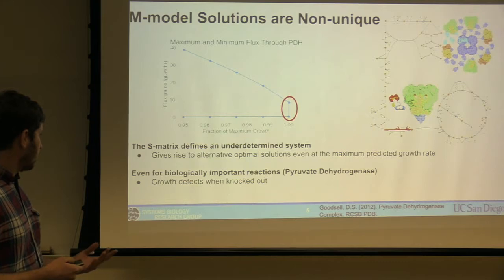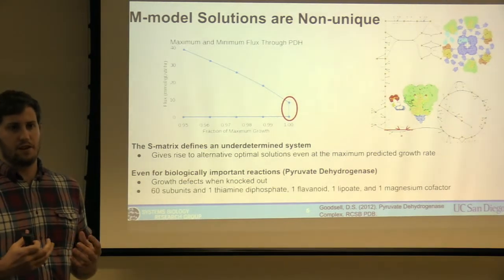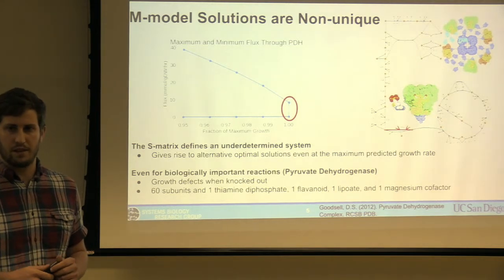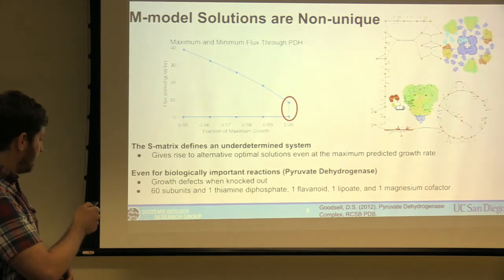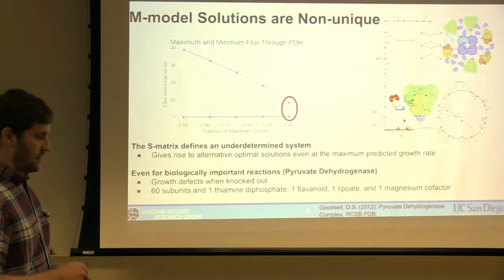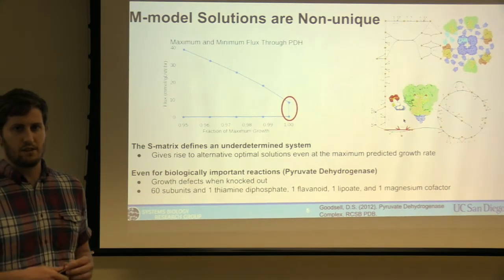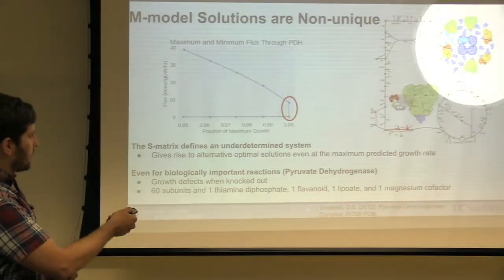It shows growth defects when it's knocked out, and there's been high evolutionary pressure to optimize this protein to the fullest extent. As a result, this enzyme has 60 subunits and requires 4 different, pretty costly cofactors in order to run. You can see a picture of it up here.